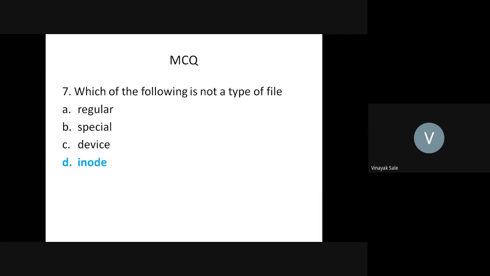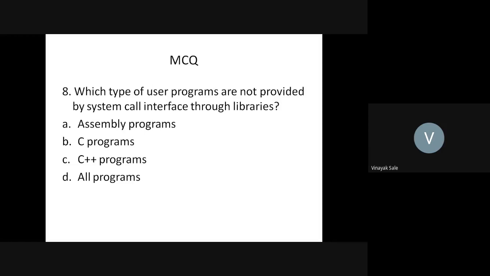So inode is not a type of file. Then which type of user programs are not provided by system call interface through libraries? A. Assembly programs. B. C programs. C. C++ programs.